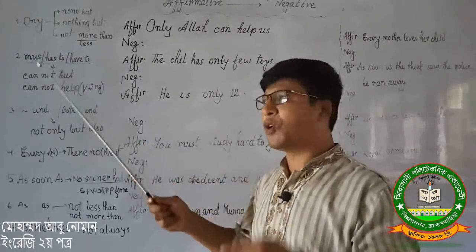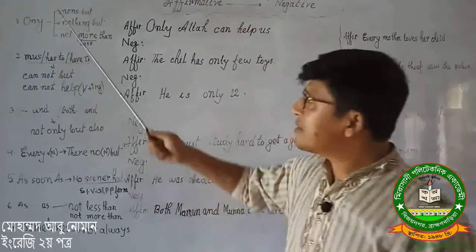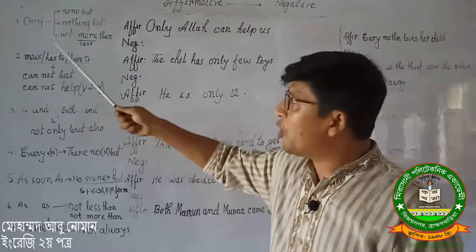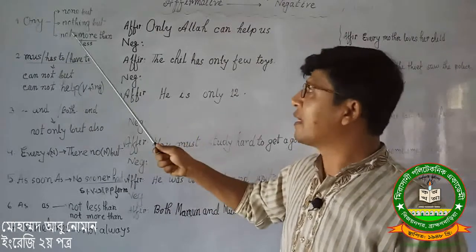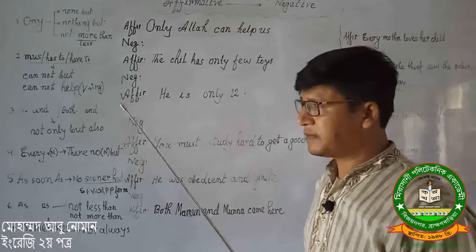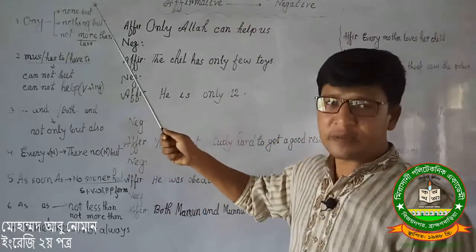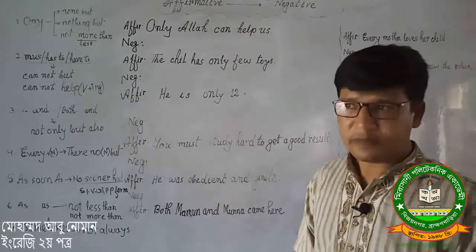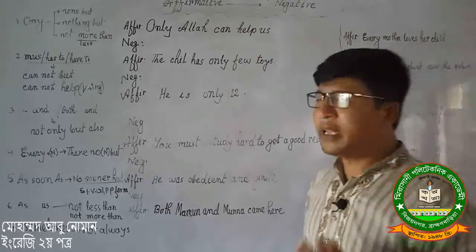If you find only in an affirmative sentence, you will change this word. Instead of only, you may use none but, nothing but, not more than, or not less than. When you use none but, only indicates a person: I, we, he, she, Ram, Sham, Jodu, Modhu, any name.